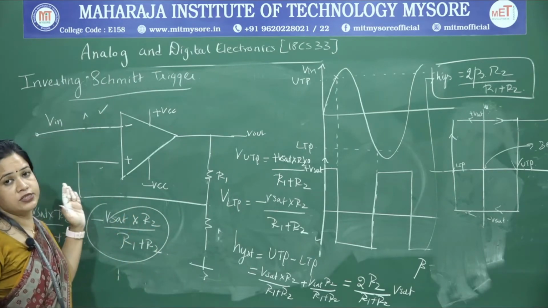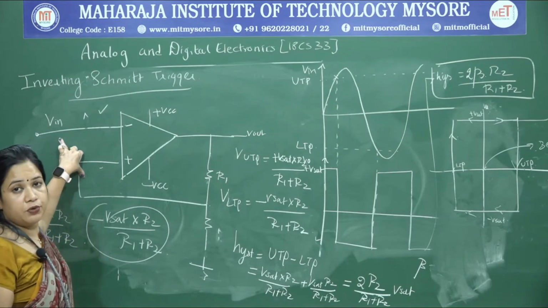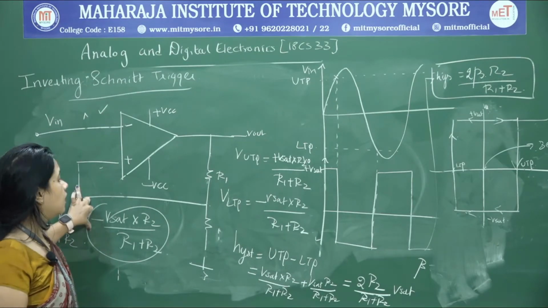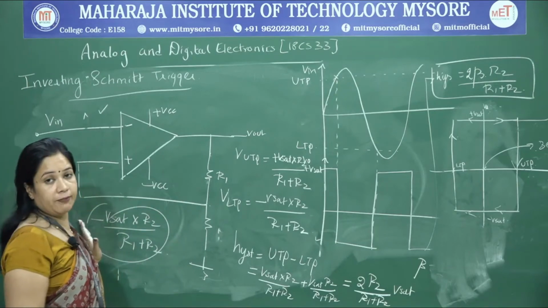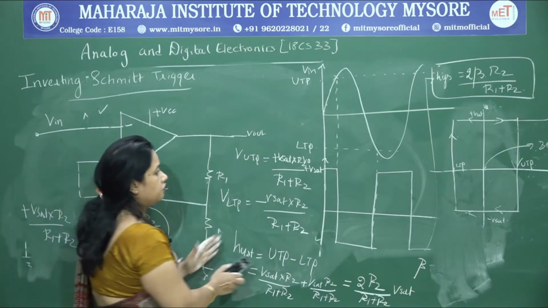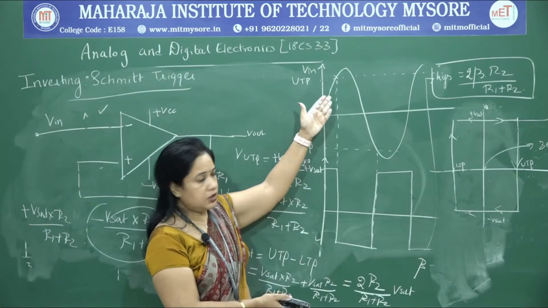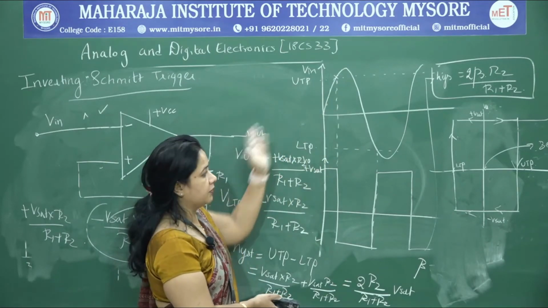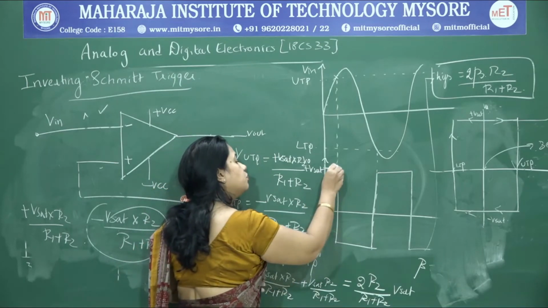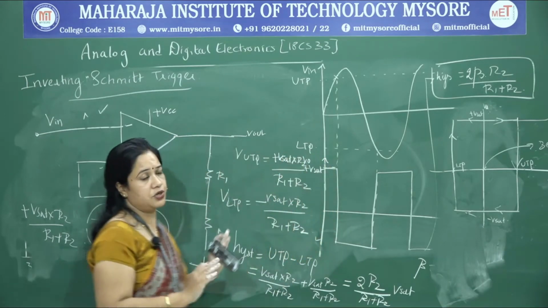Your inverting Schmitt trigger looks something like this. We give the input to the inverting terminal and we have positive feedback. Initially we assume we are supplying a sinusoidal AC input signal to the inverting terminal, and we assume the initial output is at positive saturation.